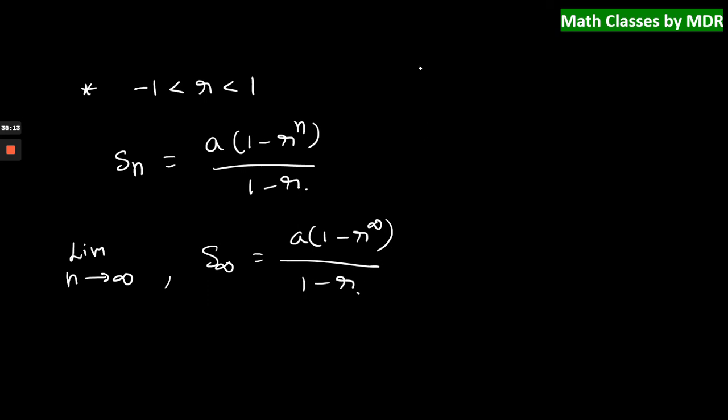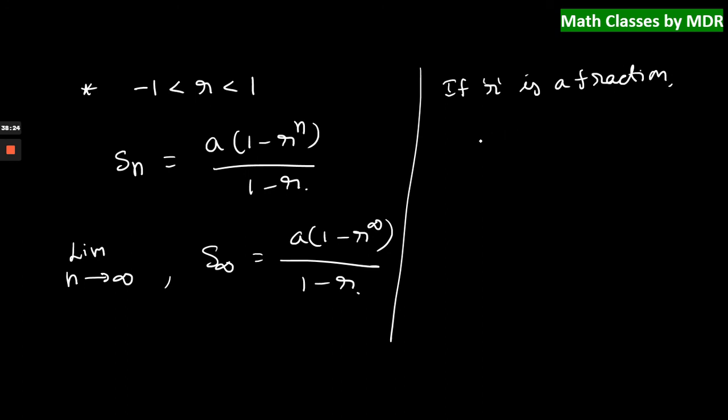If r is a fraction which lies between 1 and minus 1, then what about r to the power infinity? It tends to 0. Just check: 1/2 times 1/2 is 1/4.